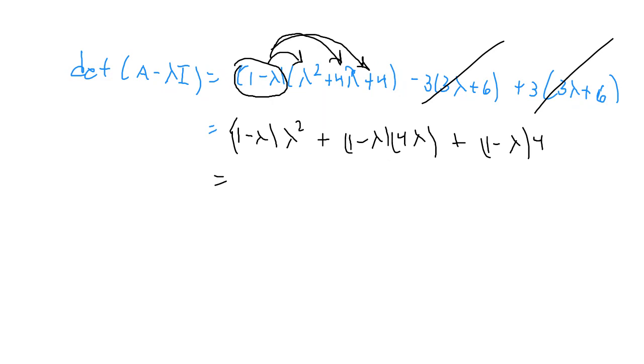Okay, and so we're going to get lambda squared minus lambda cubed plus 4 lambda minus 4 lambda squared plus 4 minus 4 lambda.